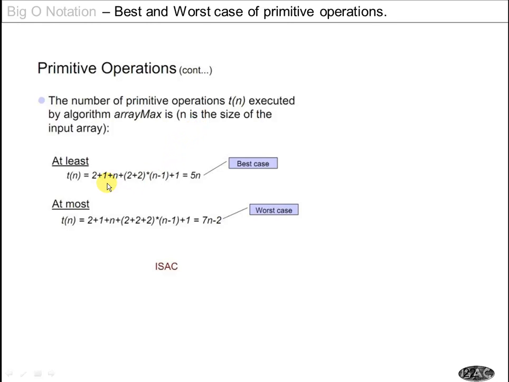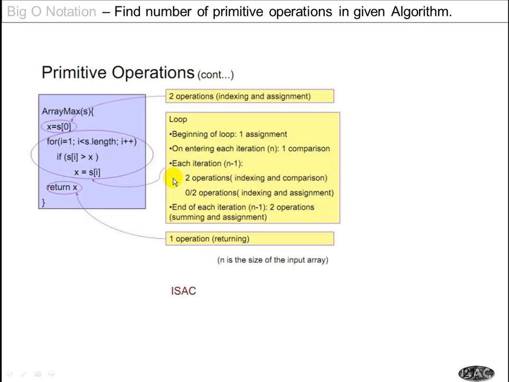What I have done is added everything: 2 plus 1 plus n plus 2 plus 2 times n minus 1 plus 1. So it is coming from here. This one is 2, this one is 1, this one is n times 1, so that is n, and this one is n minus 1 times 2, and 0 or 2.